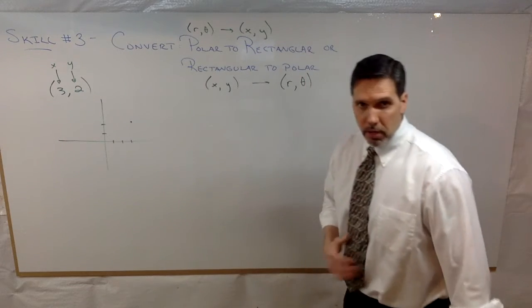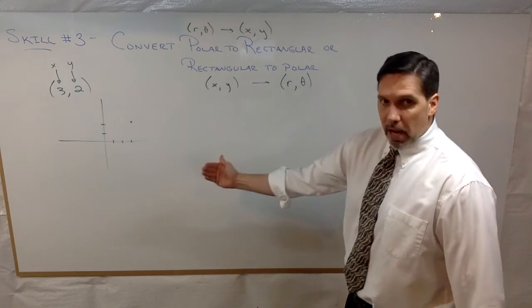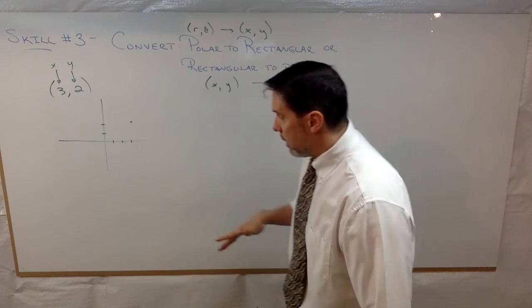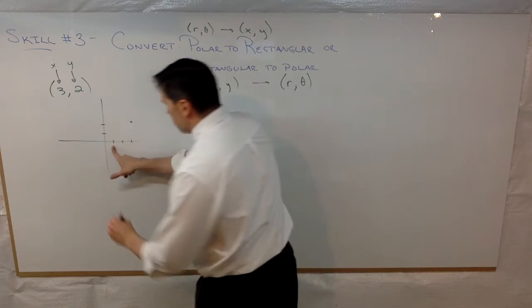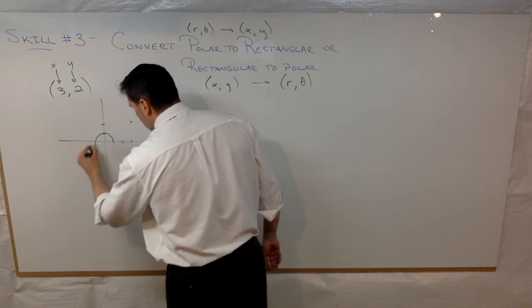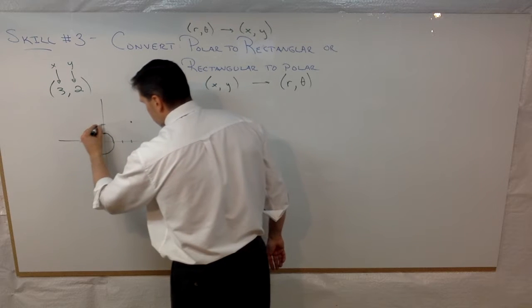Real simple stuff. Now, more complicated question: what would be the corresponding r and theta if I were to turn these on the x-axis, pretend this is the polar axis? Like I said, this is very dangerous stuff.